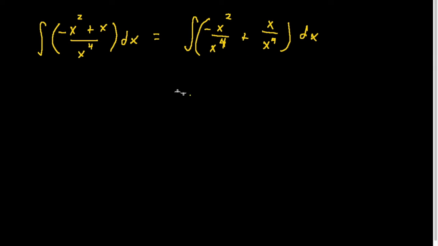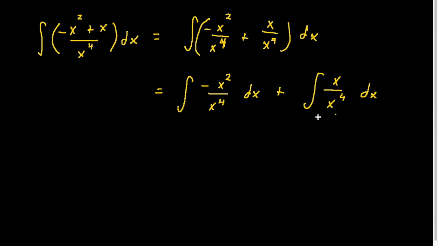Then, since we have two things being added together, we'll use the sum rule and split these apart to do negative x squared over x to the fourth dx plus x over x to the fourth dx. We can clean these up a bit by simplifying these fractions, so we'll have negative 1 over x squared dx plus 1 over x cubed dx.